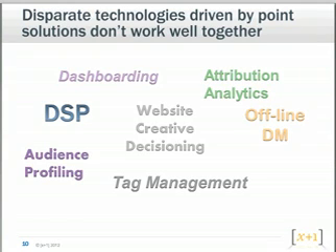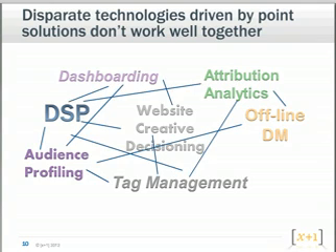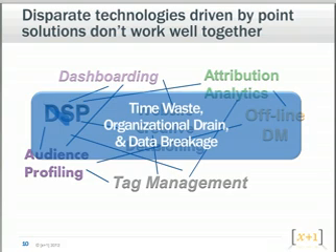And on the one hand, many are third-party tag-based and say, trust us, we can integrate with one another. But what we see is that this spaghetti that starts to build up does get very difficult to manage, and you end up with a lot of breakage. We talk to clients, we talk to advertisers, about that breakage that happens between these point solutions. You have data breakage where you can't have a single view of the customer because you're cookie syncing and daisy chaining cookies together, and you start to lose fidelity on who a prospect is or who a customer is. There's organizational drain.